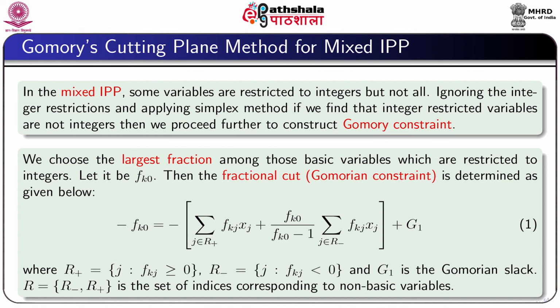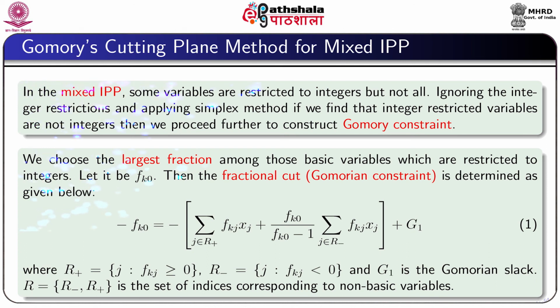Here R plus is the set of all j such that fkj is greater than equal to 0, and R minus is the set of all j such that fkj is less than 0, and g1 is the Gomorian slack.